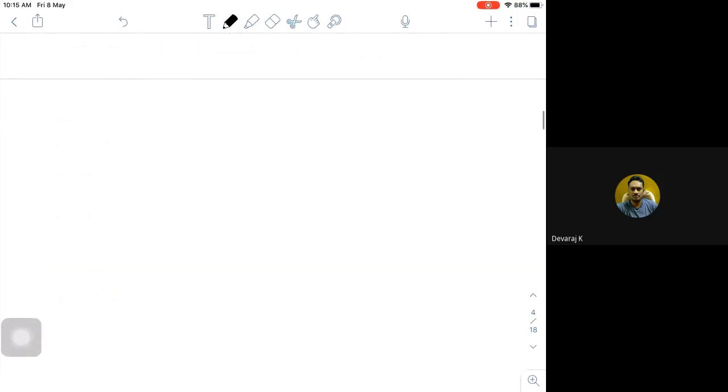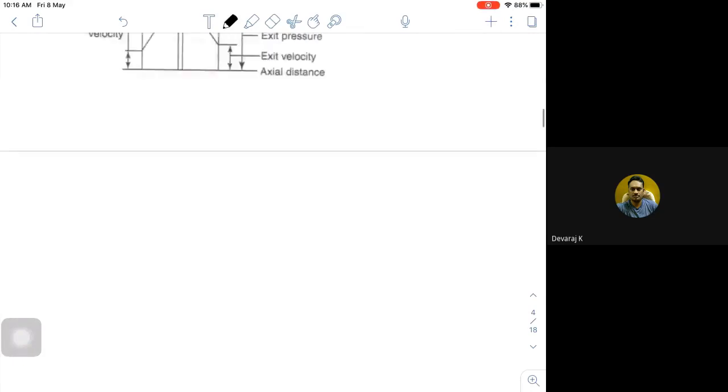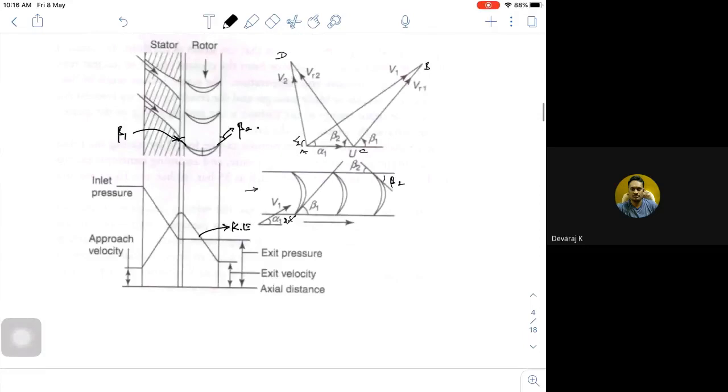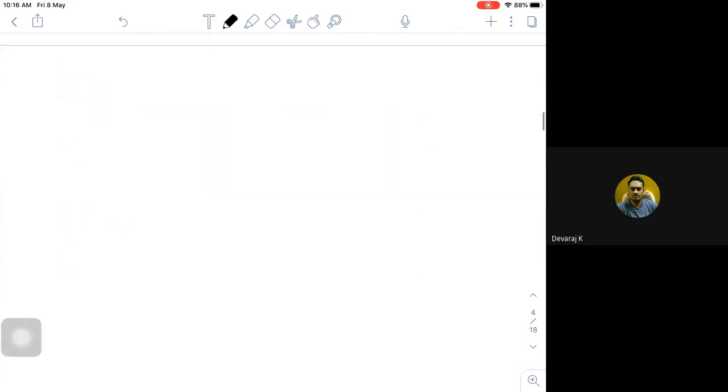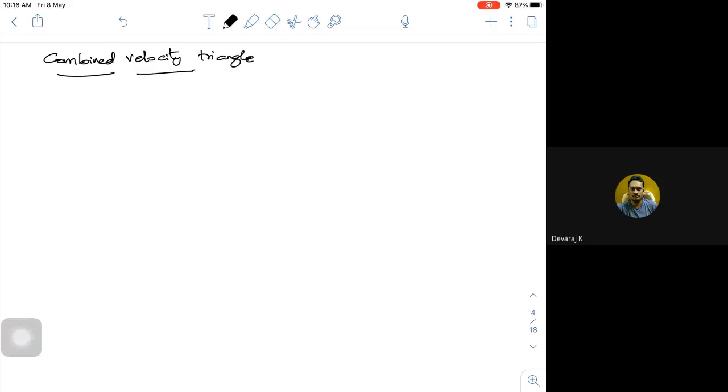Let me draw a velocity triangle; don't worry about this one, it was given in some textbook. I don't go by that. Let me draw a combined velocity triangle for an impulse machine. 1 is the inlet and 2 is the exit.